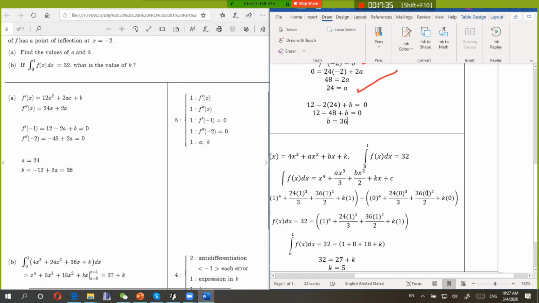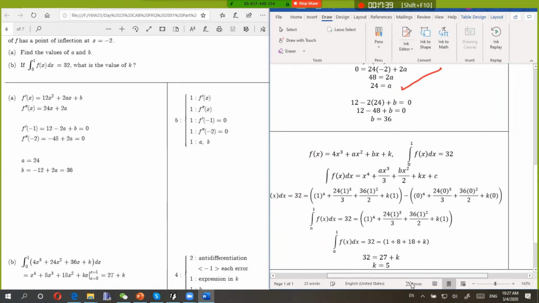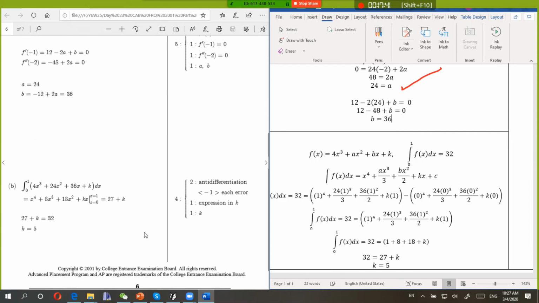For the second part, okay, anti-differentiation. x to the fourth plus 8x cubed. Okay. x to the fourth plus 8x cubed plus 18x squared. Okay, we're okay there.